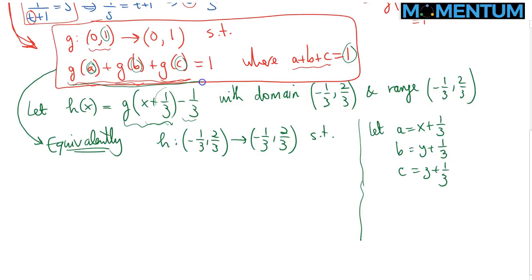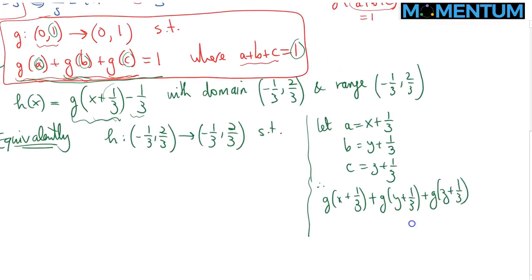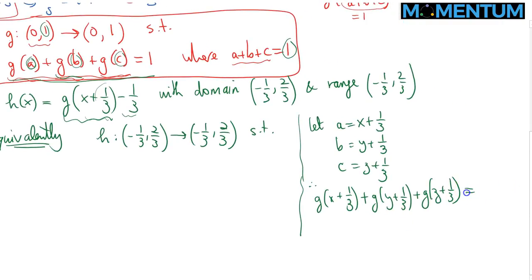Let's do it in this space again. We started with this expression, so therefore g of, replace a with this expression, x plus 1/3, plus g of y plus 1/3, plus g of z plus 1/3, and this whole thing is equal to 1.